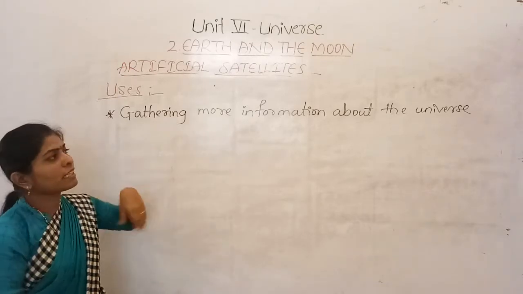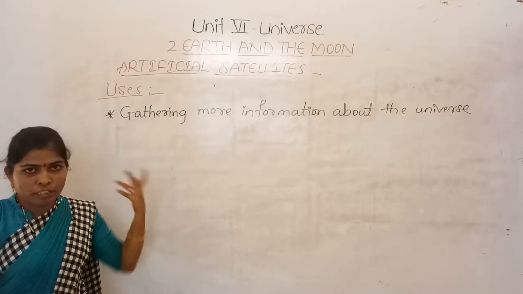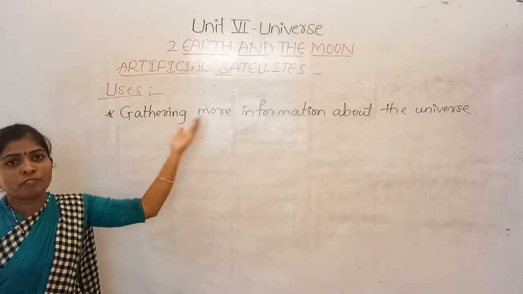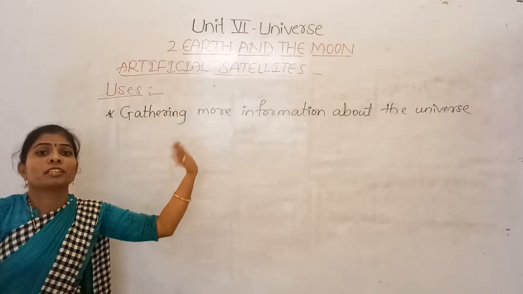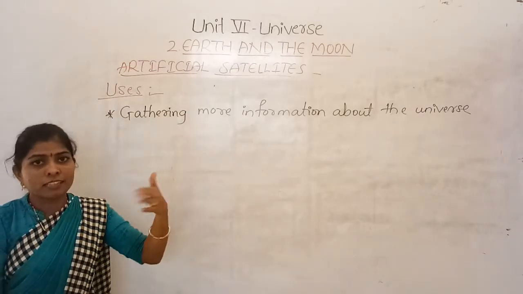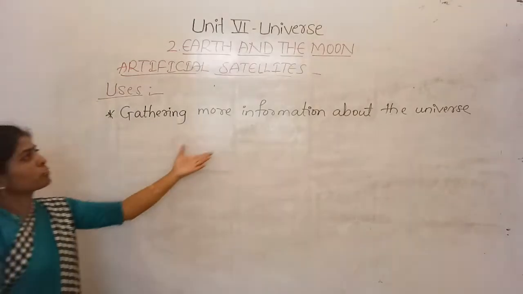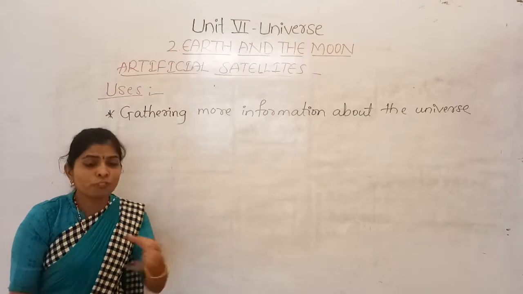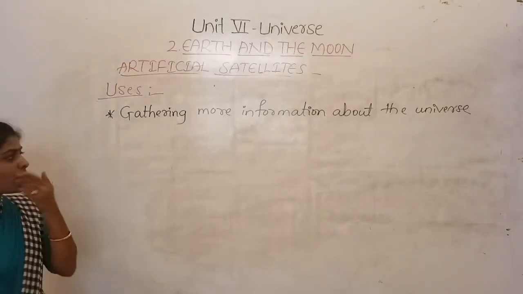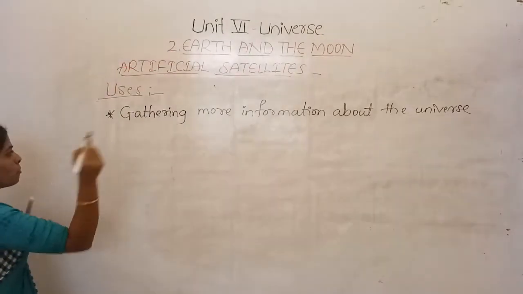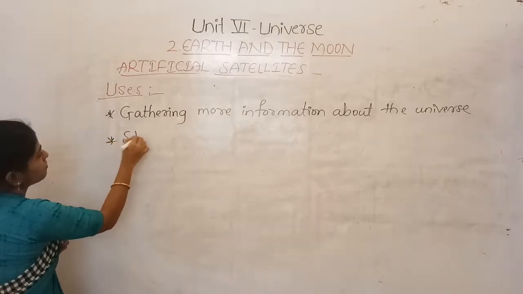They gather information and also tell us about the weather or climate on particular planets or other satellites. We know all this information because of these satellites. They also help us study the solar system.